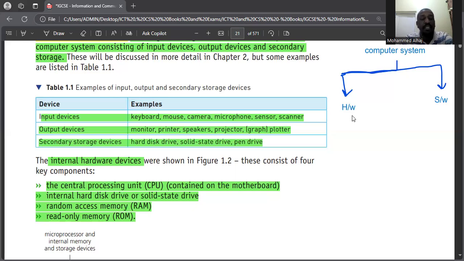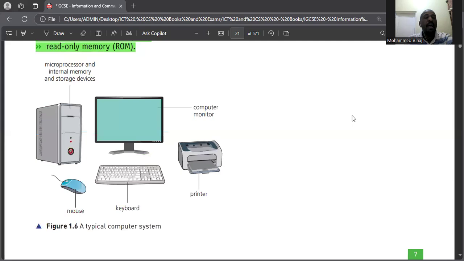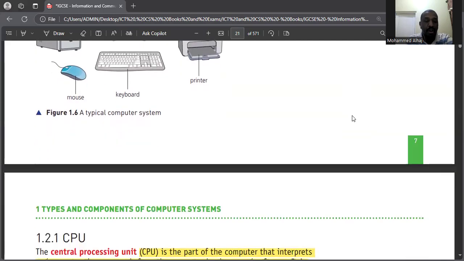RAM stands for random access memory, whereas ROM stands for read-only memory. So here we have how the computer looks, a typical computer system including different types of hardware.